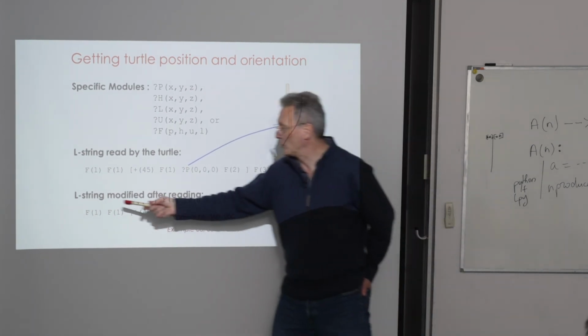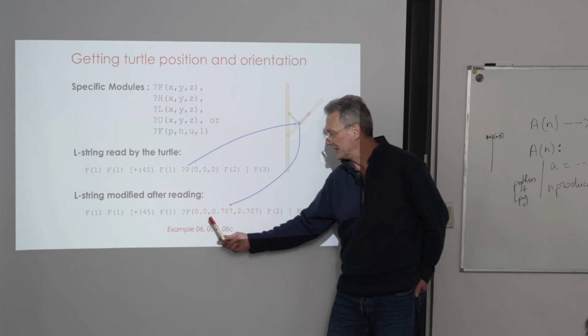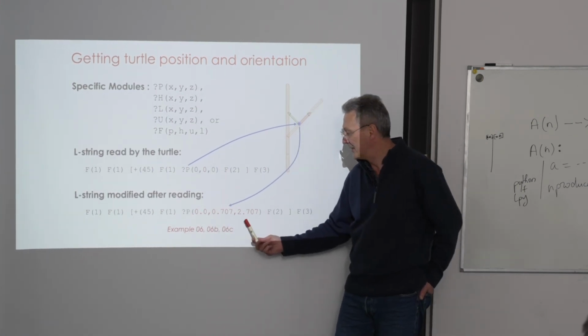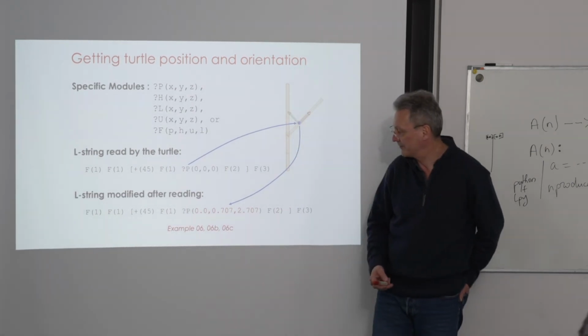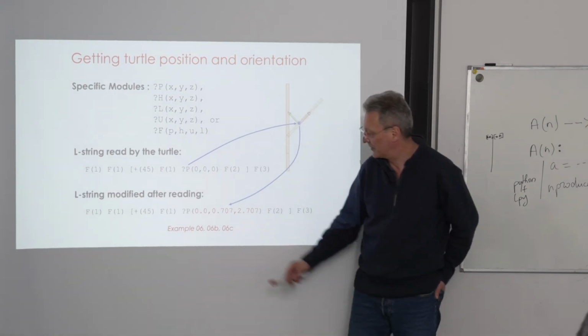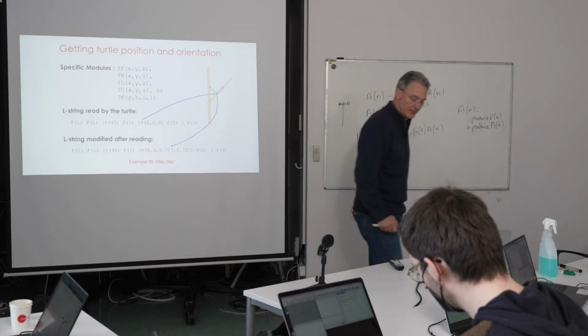When the turtle reads the L string, it will modify the module and give the answer: I am at position 0, 0.7, and 2.707. And you can go to example 6 of the 6 family here to see how this works.